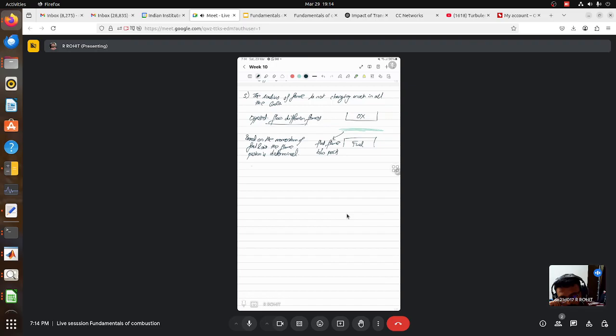So I will write it down. If flows are increased further, the flame extinguishes due to increased strain rate.